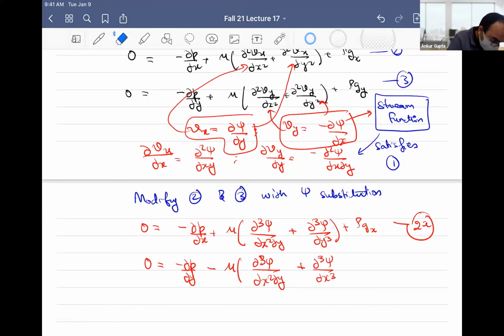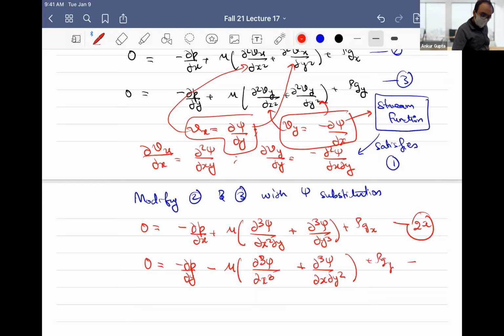Maybe I should write it opposite so that we don't get confused. Del cube psi by del x cube plus del x del y square. Okay, so this is the substitution for this one, plus rho gy. And gy and gx are just gravities in the x and y direction.